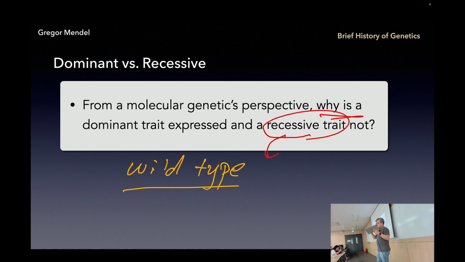As long as this normally functioning hemoglobin is there, it has no problem providing the hemoglobin function. So the recessive one is not affecting any outcome because there is already a functioning counterpart. As long as there is a functioning counterpart, it's recessive.